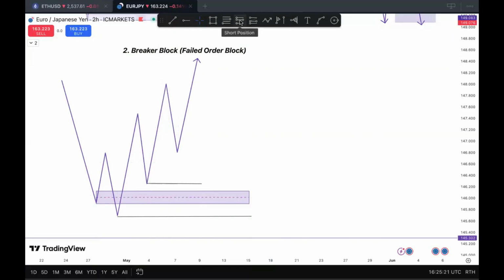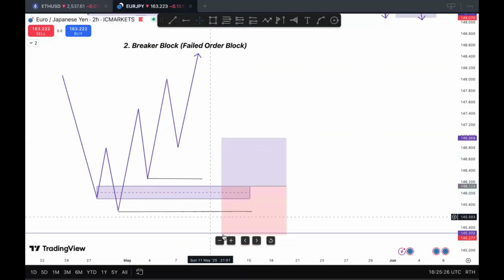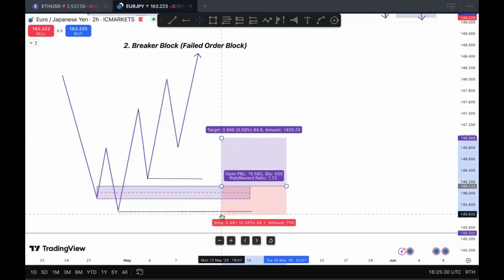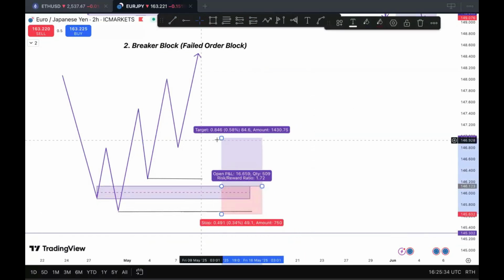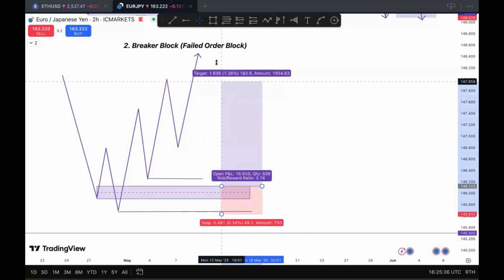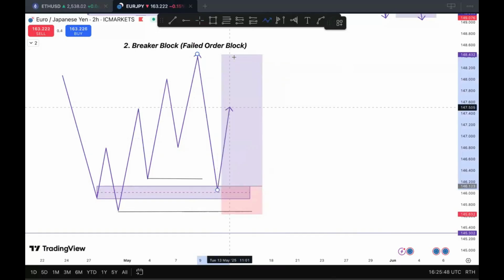You place your entry here, and then your stop loss slightly below the main low. Where do you target? The recent high. Price will come back and tap into the breaker block, which is a failed order block, and then boom.